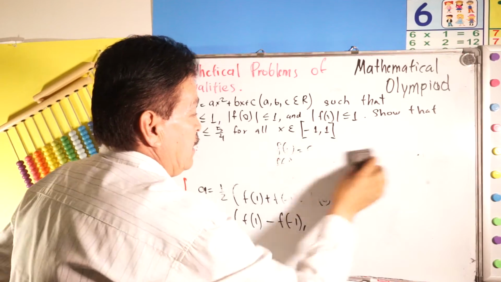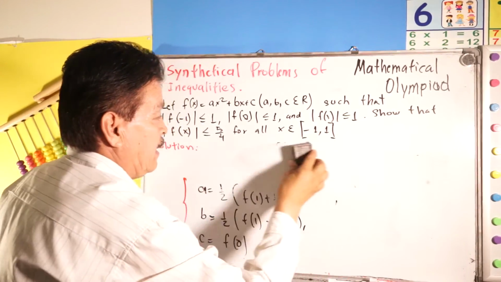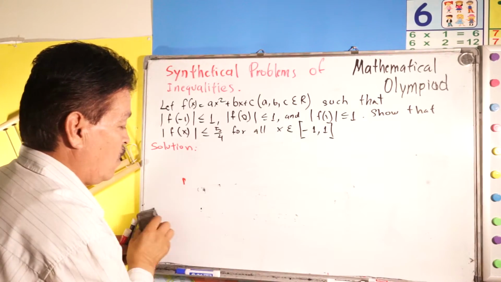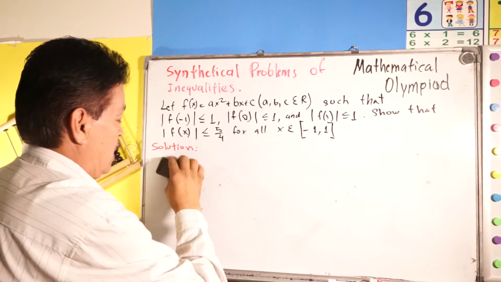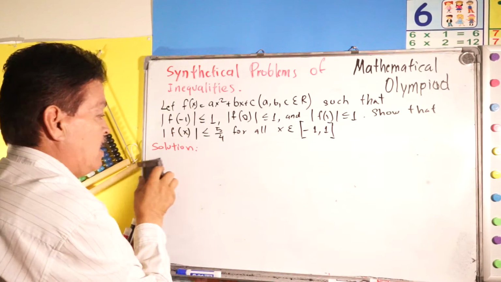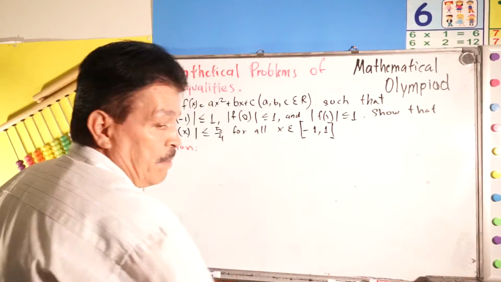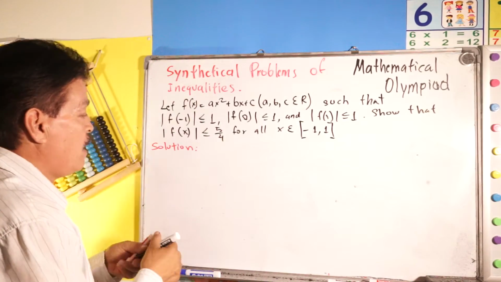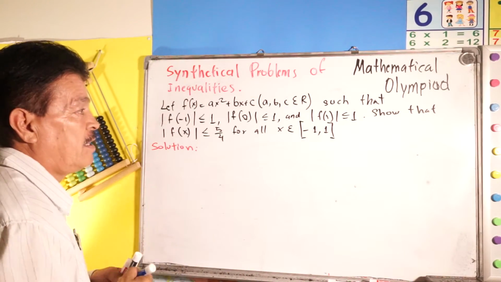Okay, let's erase it here, and then let's try to find the answer in our problem. It's a Mathematics Olympiad. Remember, it's not easy. You need to start with a good beginning.